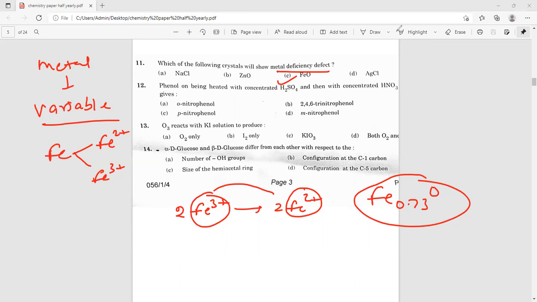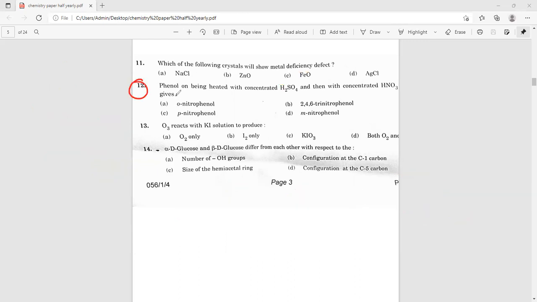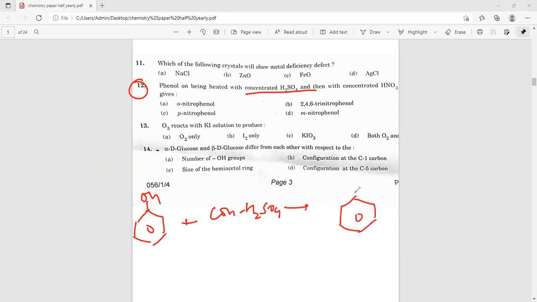Question number 12. Phenol on heating with concentrated H2SO4. This one is phenol, and it is heated with concentrated H2SO4. Then it forms picric acid, means nitro groups will be attached at the 2, 4 and 6 positions.